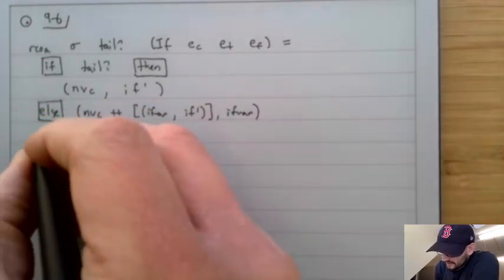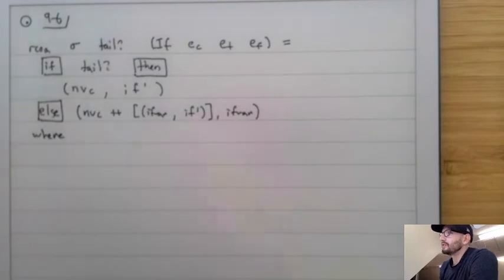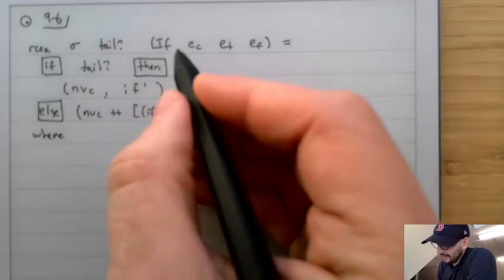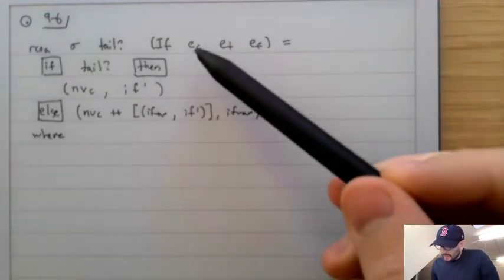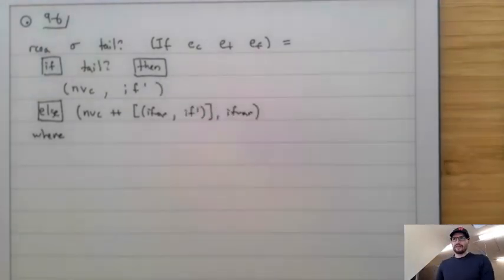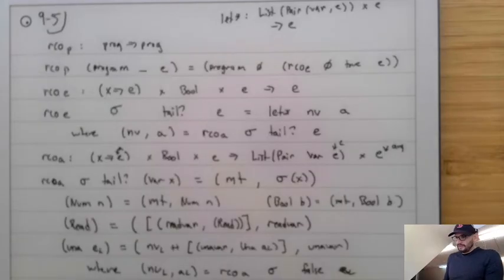Now, what are these things? So first what we do is we look at the conditional. And we're not going to call RCOA on it because we need more information. Because we need to make sure that this conditional right here is actually a comparison operation.